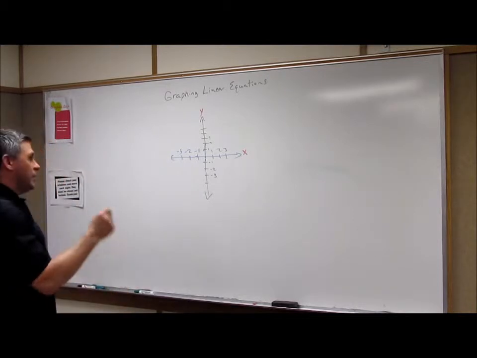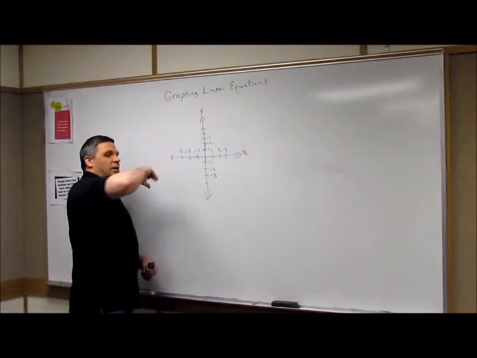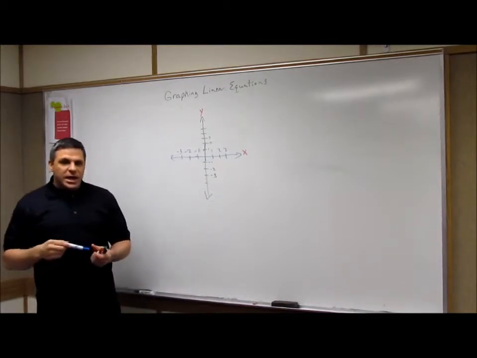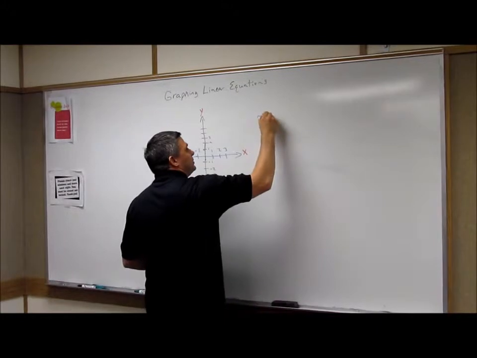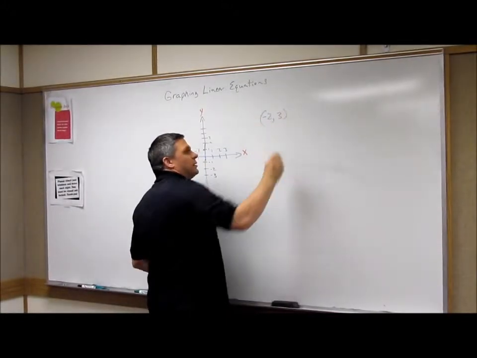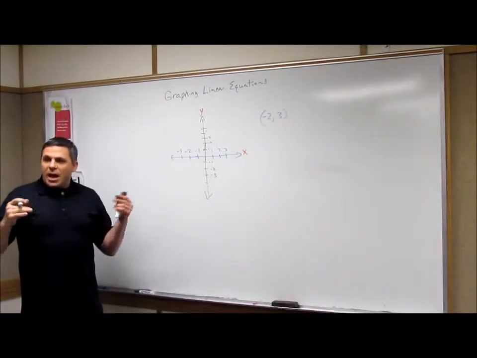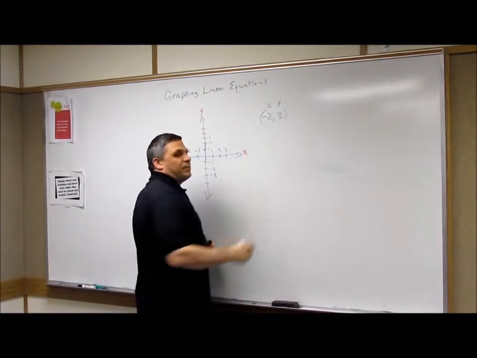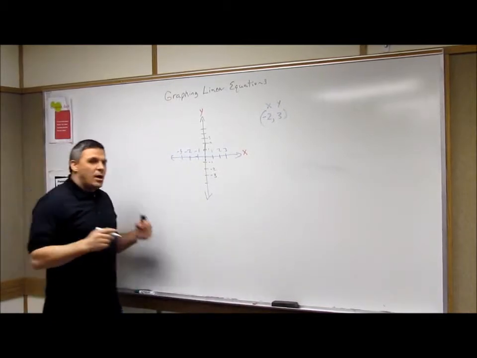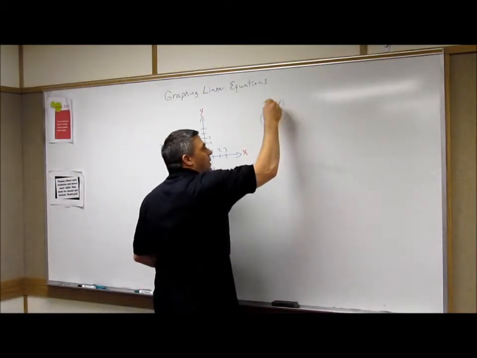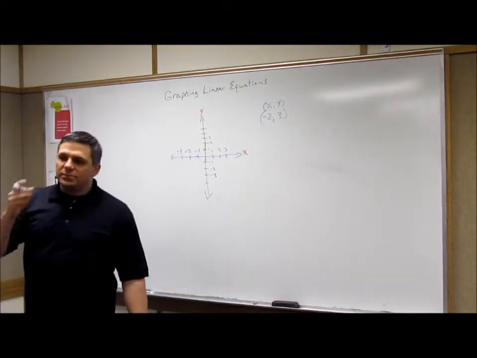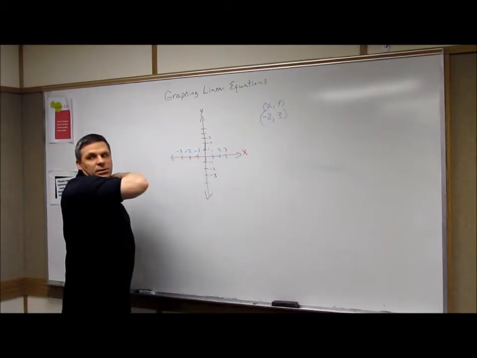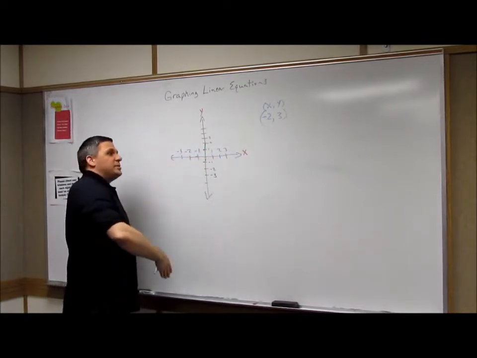So in the coordinate system, there's an x and a y. If I wanted to graph, say, (-2, 3), I would go -2 in the x direction and 3 in the y direction. All coordinates are set up x, y, x, y, x, y. X's go like this, y's go like this.